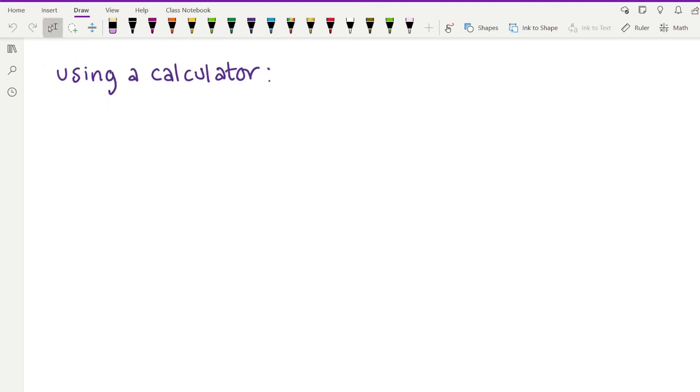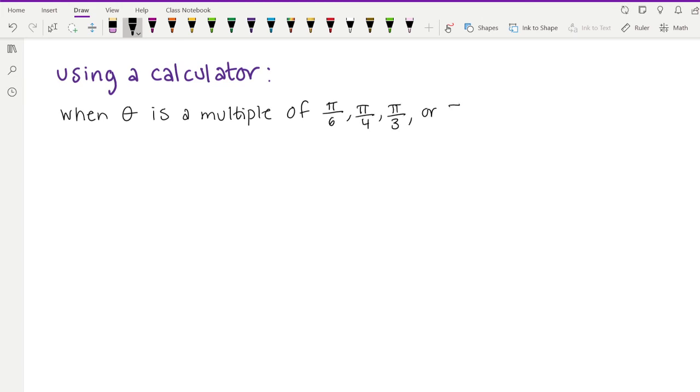Because I don't want you to get the wrong idea about trig functions, because so far all of the examples we've done, maybe except for the last two, we've been working with angles that are these nice multiples of pi over 6, pi over 4, pi over 3, etc. So when you're working with an angle theta that is a multiple of pi over 6, pi over 4, pi over 3, or pi over 2, and really, pi over 3 is actually already a multiple of pi over 6, and pi over 2 is a multiple of pi over 4.